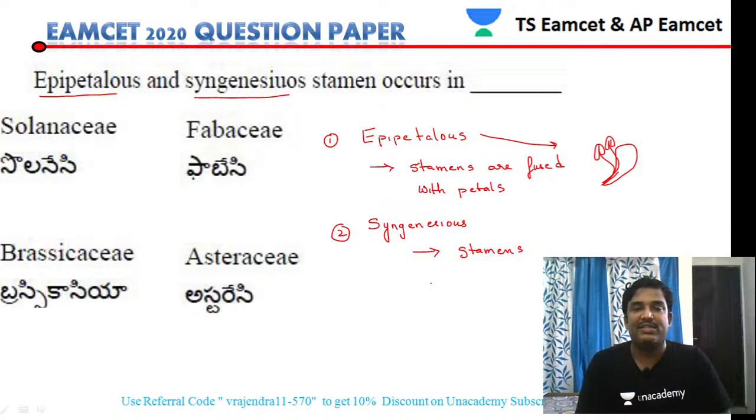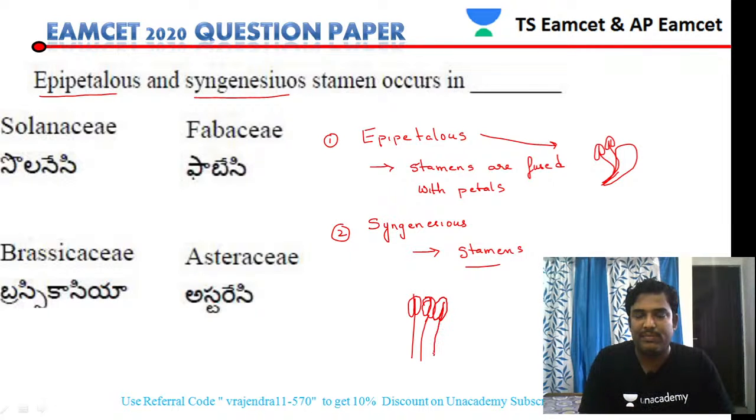What about the syngenous condition? Here also it is describing the stamens only. Stamens will be having anthers, like this. So anthers are fused. You can see this is a stamen.